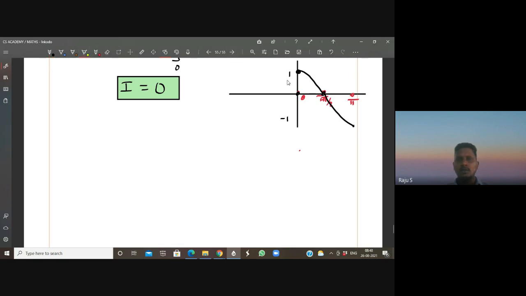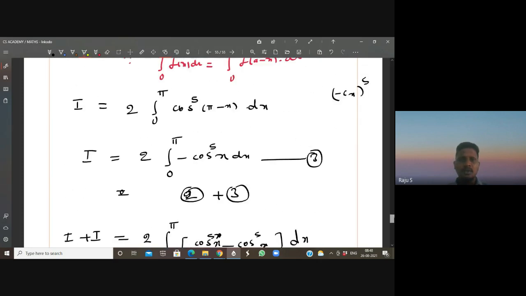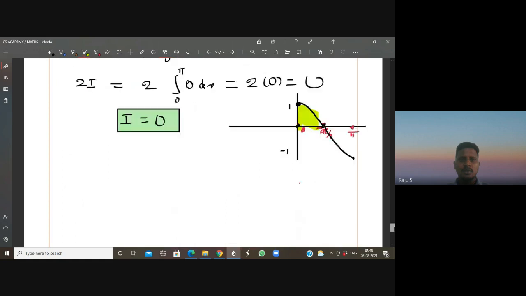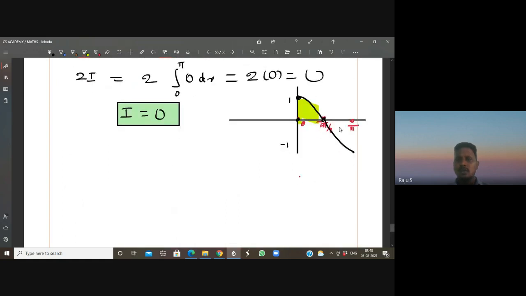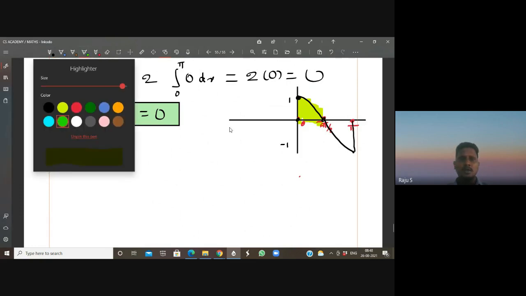So with respect to the x-axis, in the given question they are asking the integral value from where to where? 0 to 180 of cos power 5. From 0 to 90, we get the area in the first quadrant. But from 90 to 180, we get the area in the fourth quadrant.